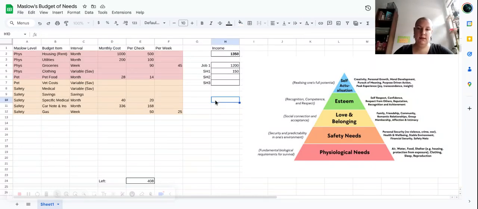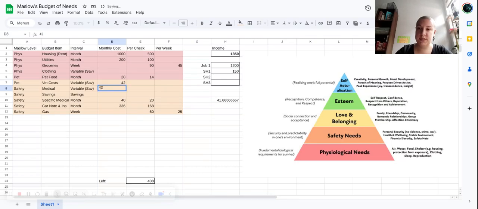So, out of 12 months, let's say I want $500, equals 500 divided by 12. So that's about $42 per month. It's not a lot, but it's a little cushion between me or my cat and an emergency medical bill.